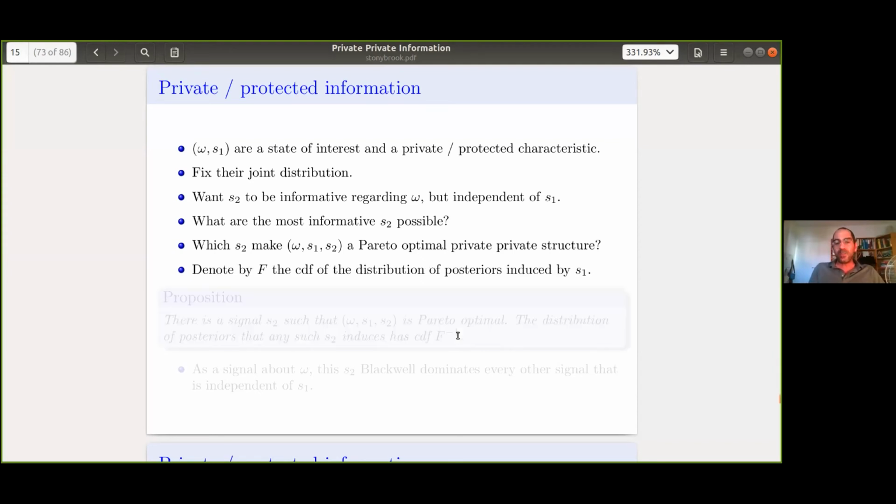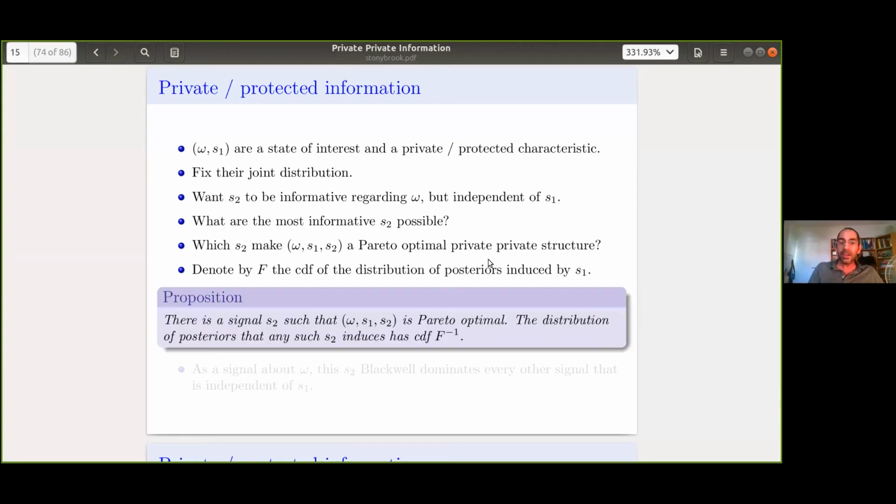Now I'm going to denote by F the CDF of the distribution of posteriors induced by S1. So when I observe S1, F is going to be the distribution of the posteriors that I have. Here's a proposition. There is a signal, S2, that makes this Pareto optimal, and it's unique up to equivalence. The distribution of posteriors that any such S2 induces has CDF F minus 1. This takes a little bit of time to digest.